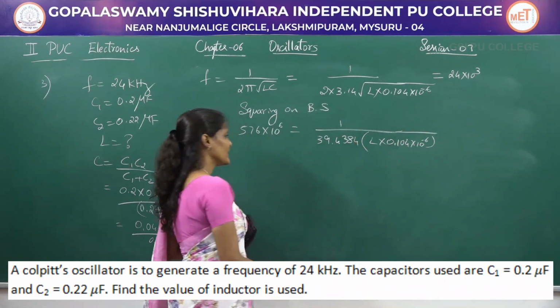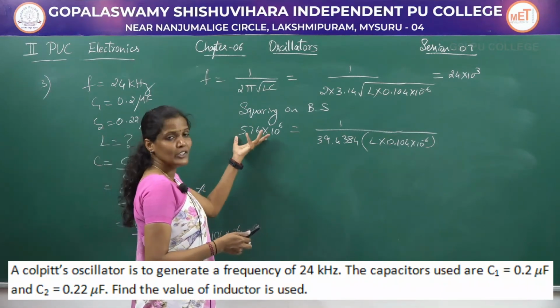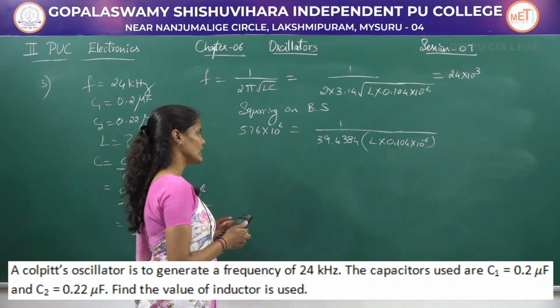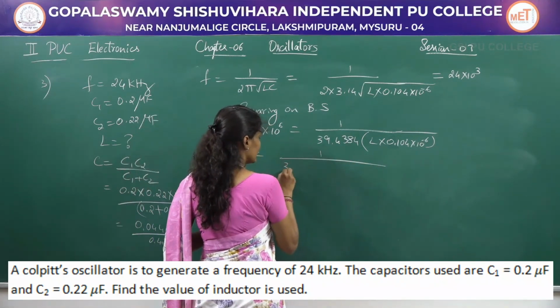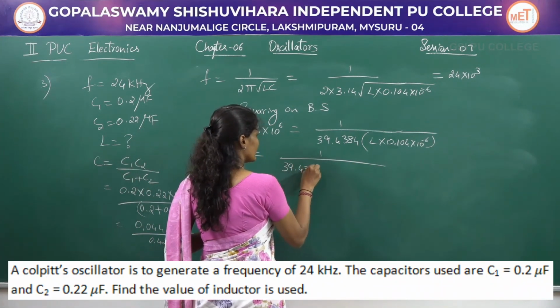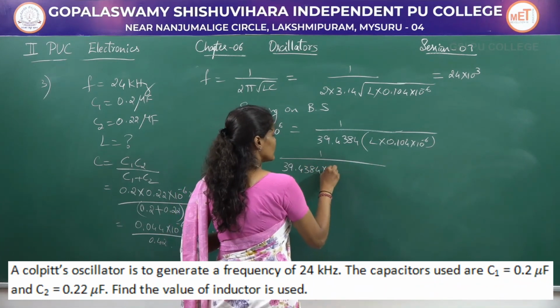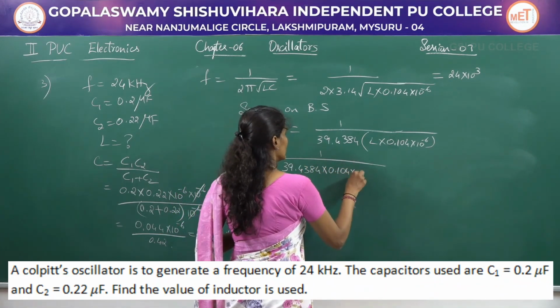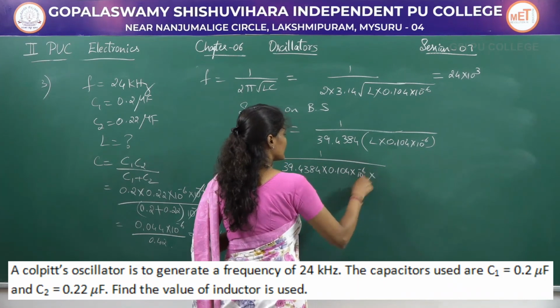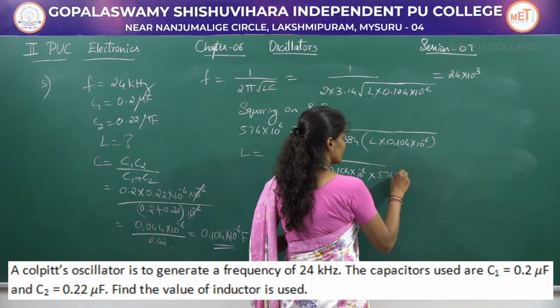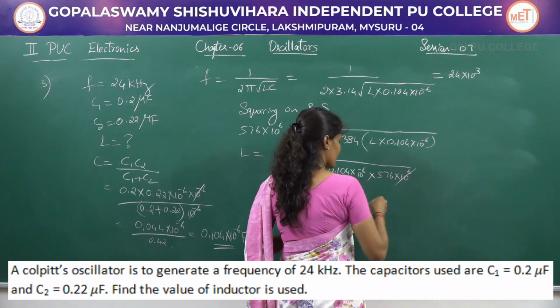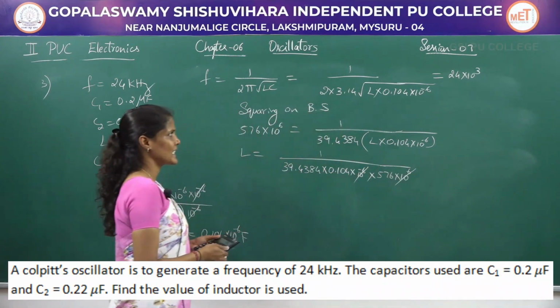So let us cross multiply, taking L to the LHS and this to the right hand side. So L is equal to 1 divided by 39.4384 into 0.104 into 10 to the power of minus 6 into this term, that is 576 into 10 to the power of 6. So 10 to the power of 6 and 10 to the power of minus 6 get cancelled.